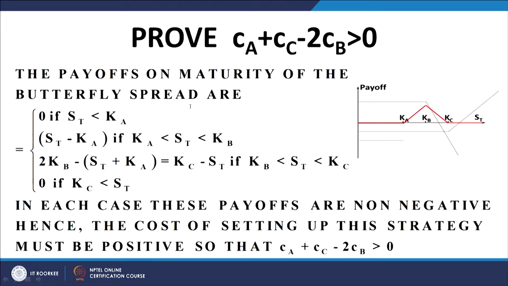Now, as I mentioned earlier, because the payoff is either 0 or greater than 0, this expression should be greater than 0, or in the worst case, the limiting scenario.